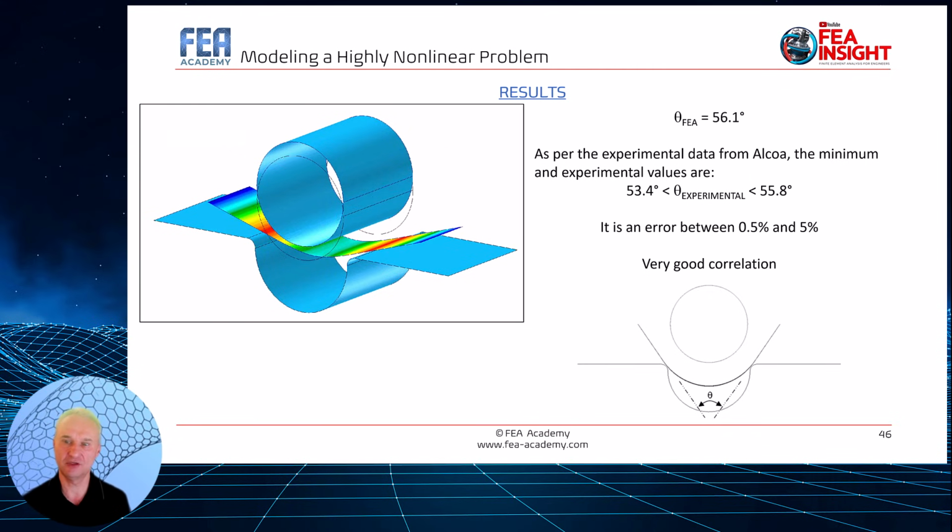So the minimum and maximum experimental values are between 53.4 and 55.8 degrees, okay, which is an error between 0.5% and 5.1%. This represents a strong correlation. Okay, we are in the plus or minus 10% correlation.